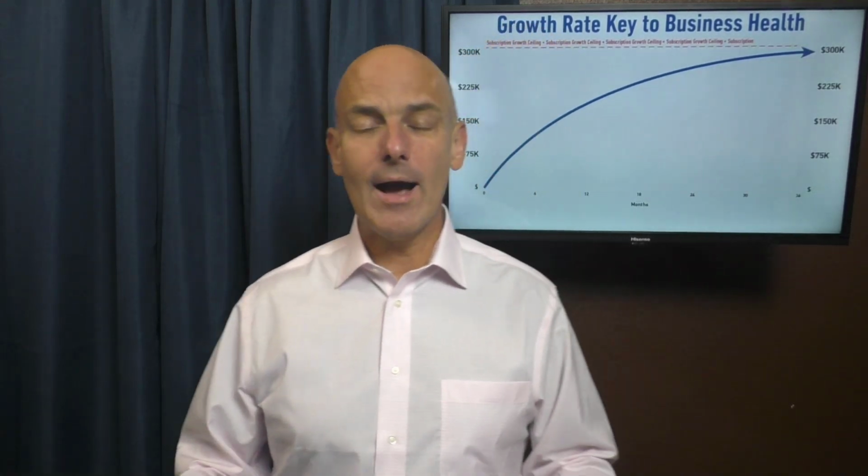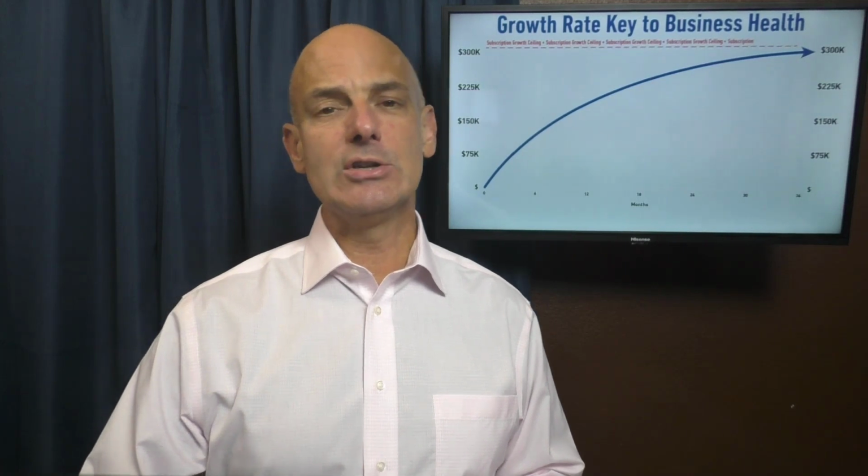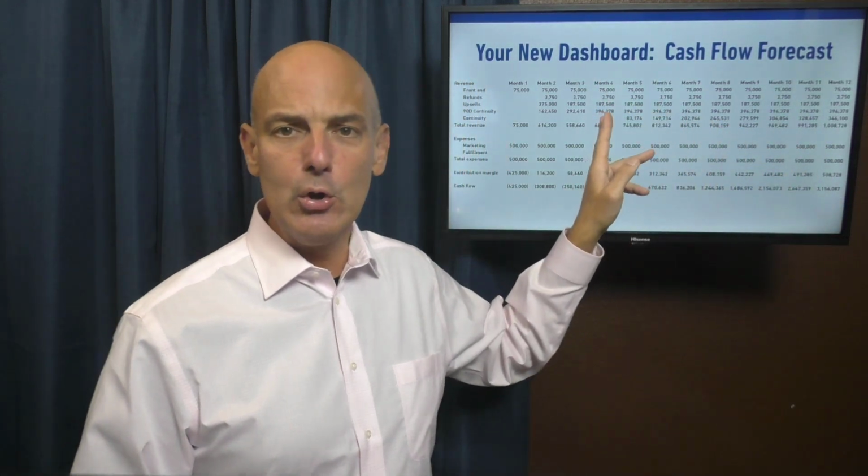The key dashboard that you really should be paying attention to, number one, and priority A, is your cash flow forecast. It gives you an entirely different level of understanding of what's going on in your subscription business. Rather than churn rate, you're looking at the details of your retention from month to month and plotting that.